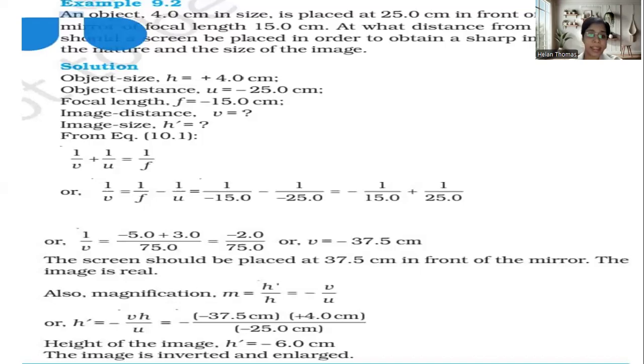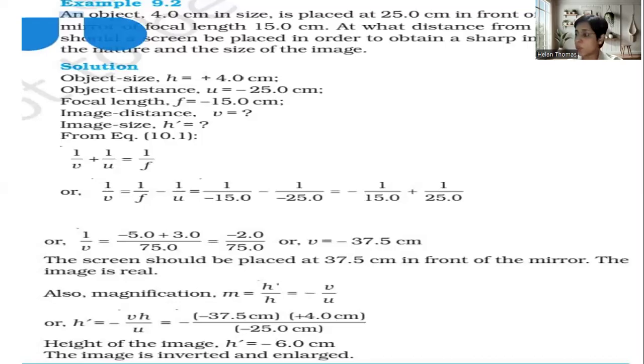So the minus sign indicates it is going to be a real image. It is formed in front of the mirror, and the image is going to be inverted and enlarged. Why enlarged? If you find the magnification and substitute the values, it will be minus v by u, minus 37.5 by minus 25.